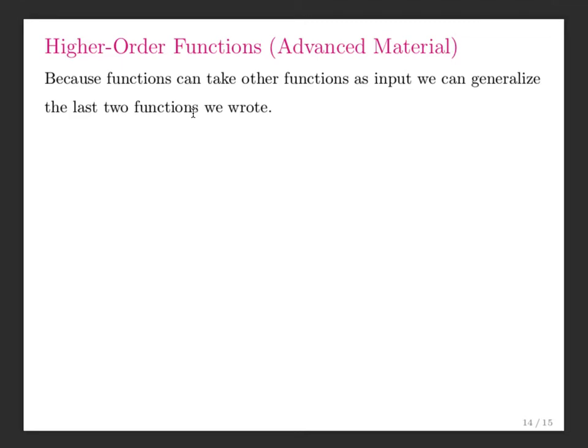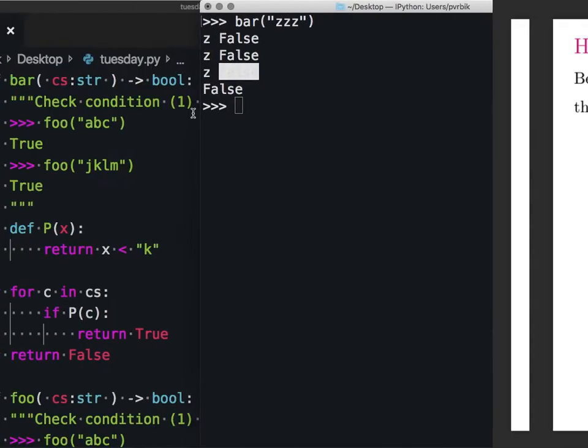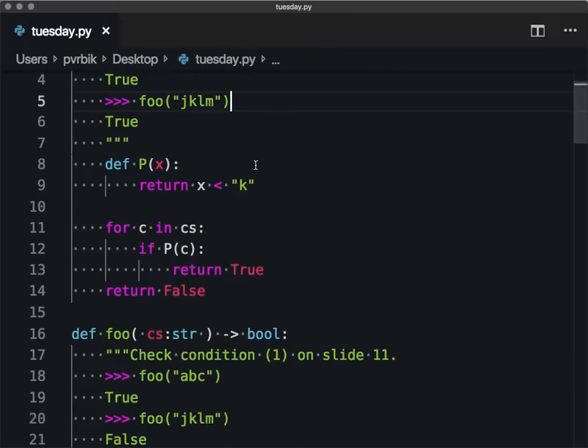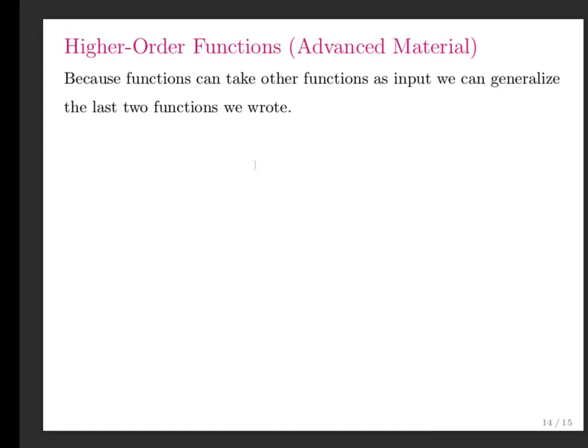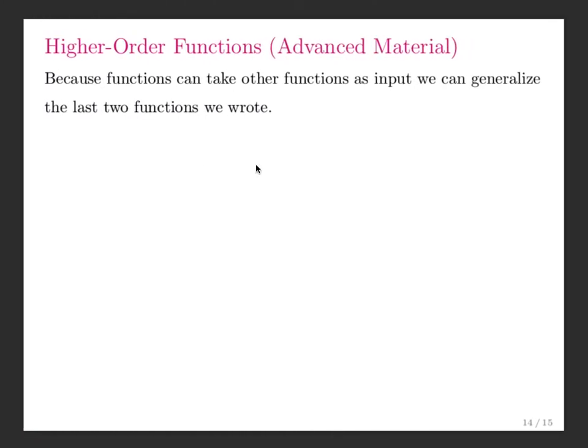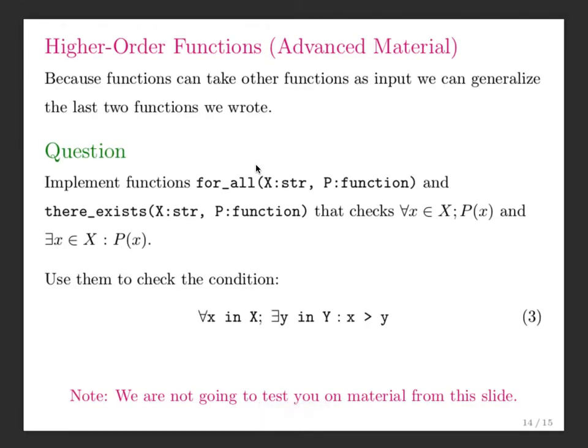It is possible to pass a function. And it was not very smart to write this foo and bar. What I'd rather do is write a there exists function and a for all function, which accepts a character string and a condition, P, and the string at the same time. So I want to implement functions for all and there exists, which take in a string and a function.